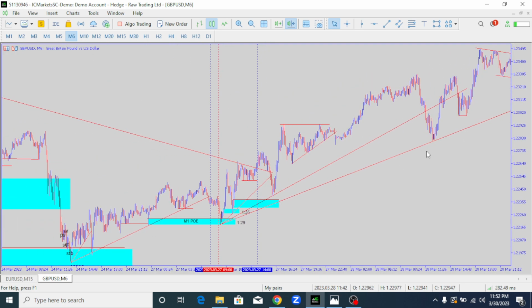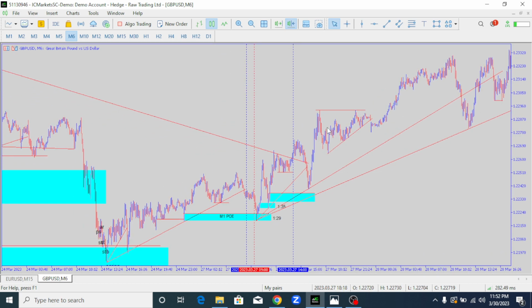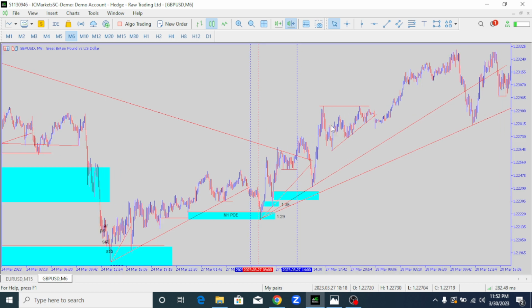And for me to hold my trade, guys, trade management is another thing. It's really another thing. And guys, another thing I have to mention, I do get good trades like this, but I'm not yet consistent.